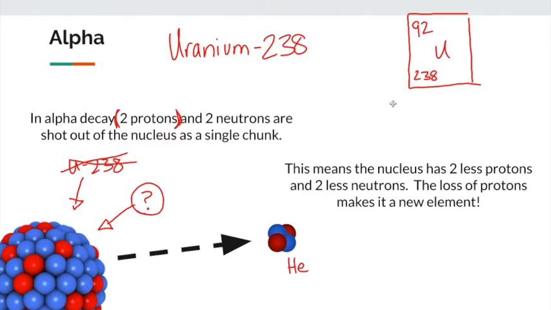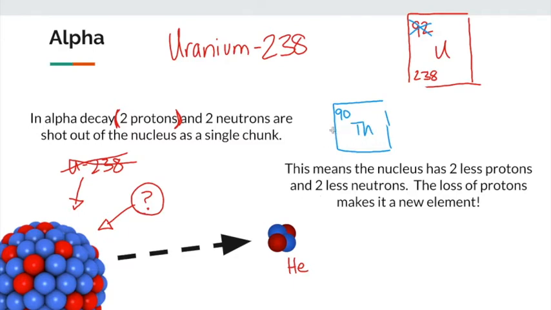If you look on the periodic table, we would need to find an element that is not 92, but 2 less, 90. So we're now looking for an element that has an atomic number of 90. It doesn't matter what the mass number is because atomic number defines the element. And you will notice that atomic number 90 is thorium.